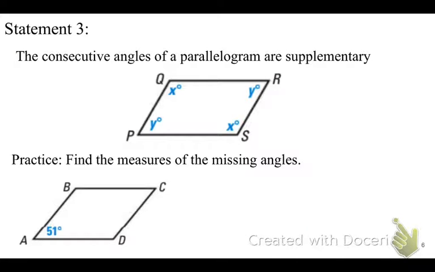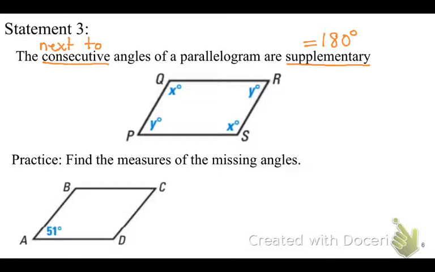Okay, statement 3 is the consecutive angles of a parallelogram are supplementary. So consecutive means that they are next to each other. And supplementary, if you remember, means that they equal 180 degrees.